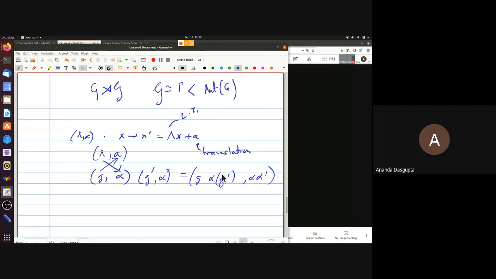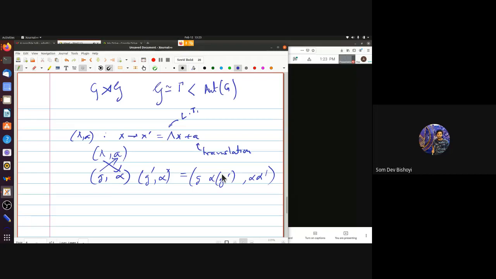Now, if you think of it in physical terms, translations are a lot more trivial, at least in the richness of the results they give you, compared to Lorentz transformations, right? If somebody asks you what is more important in the Poincaré transformation, the Lorentz part or the translation part, that's an unfair question because both are important, but I'm pretty sure everybody would vote for Lorentz transformations as physically more important.